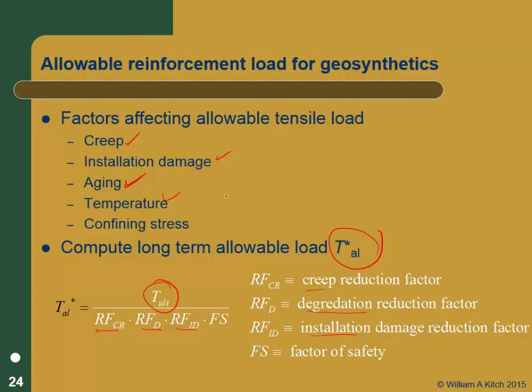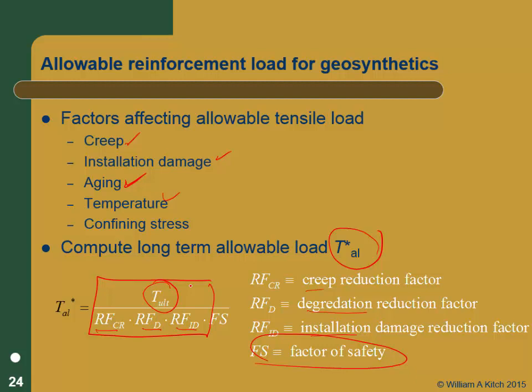And then we put in what we want to call our traditional factor of safety. The allowable, if you want to think about this part of the equation, is what you do to get down to the usable capacity of the geogrid or the polymer. And then we put in our traditional factor of safety for our uncertainties.